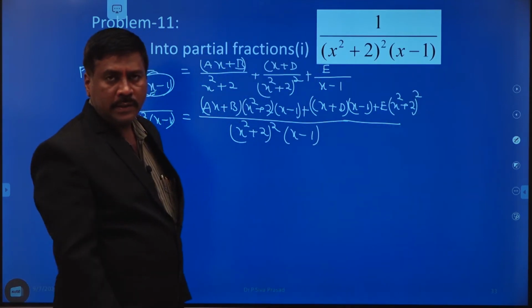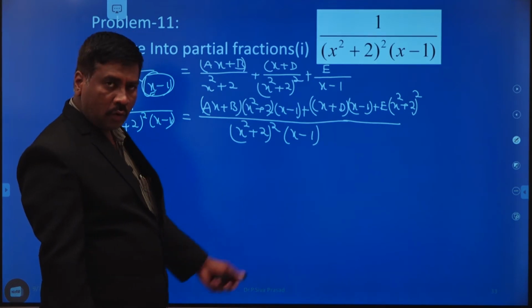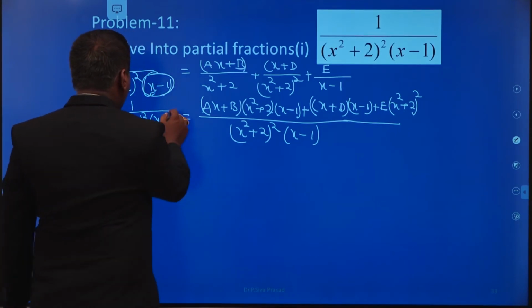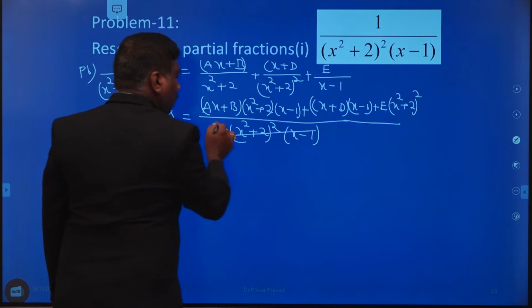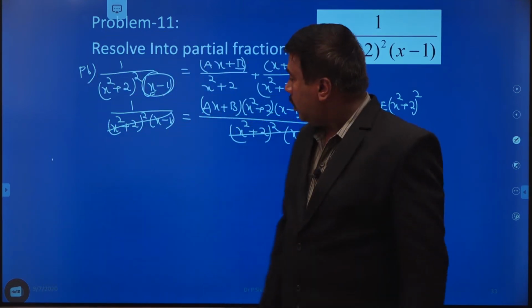All of you understood this? So this is the way of doing the LCM that you already have to know from the previous lectures. We have done so many problems on this. Simply cancel the denominator and equate the numerators.